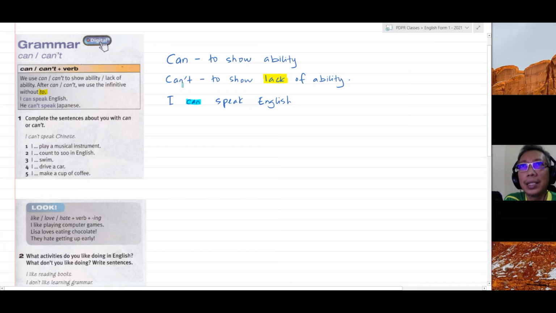Can is the topic today, can, to show ability. Maksudnya, saya boleh bertutur dalam bahasa Inggeris. Speak is the infinitive and used alone without to.